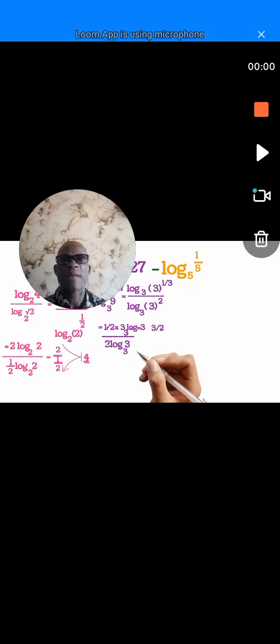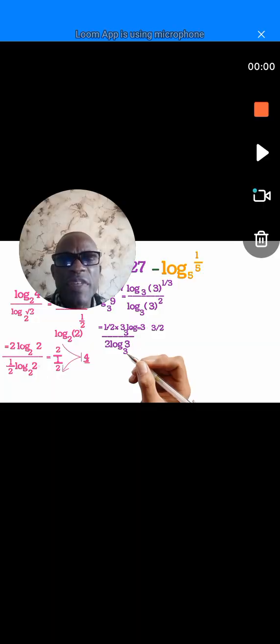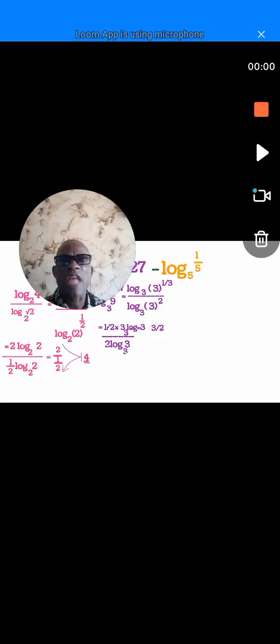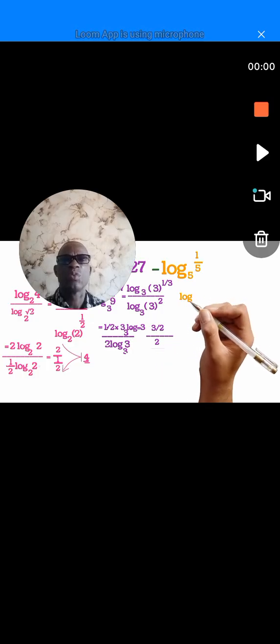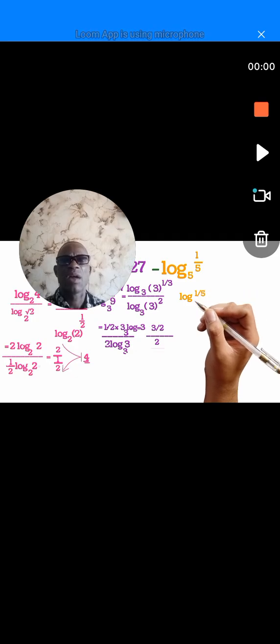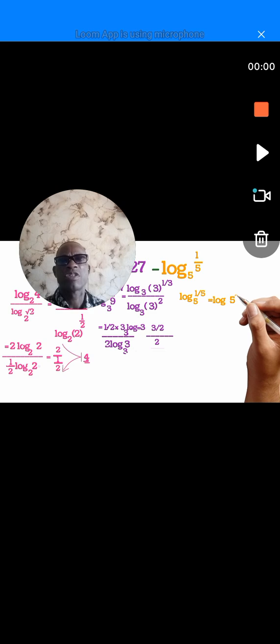Then the bottom part, which is 2 log 3 base 3, is the same as 2 times 1 because log 3 base 3 is equal to 1. So it is 2 times 1, which is equal to 2. So we now have 3 over 2 over 2 as the answer, which will invariably give us 3 over what? 4.